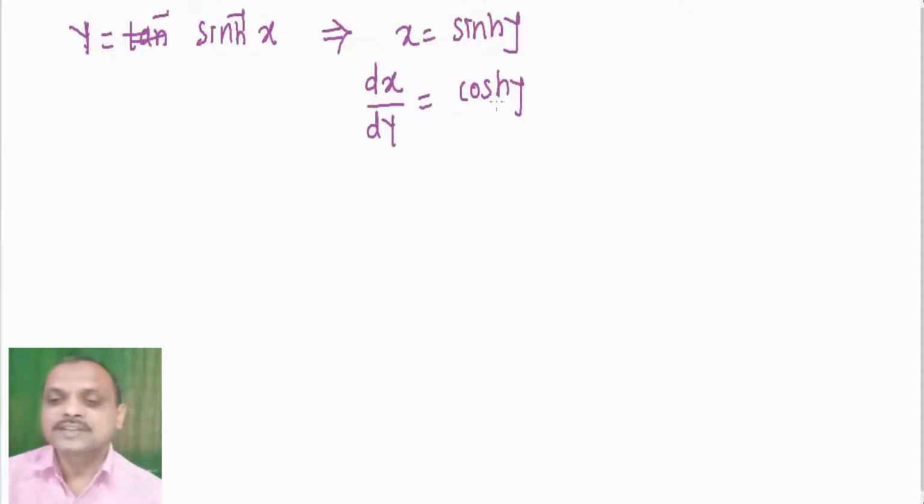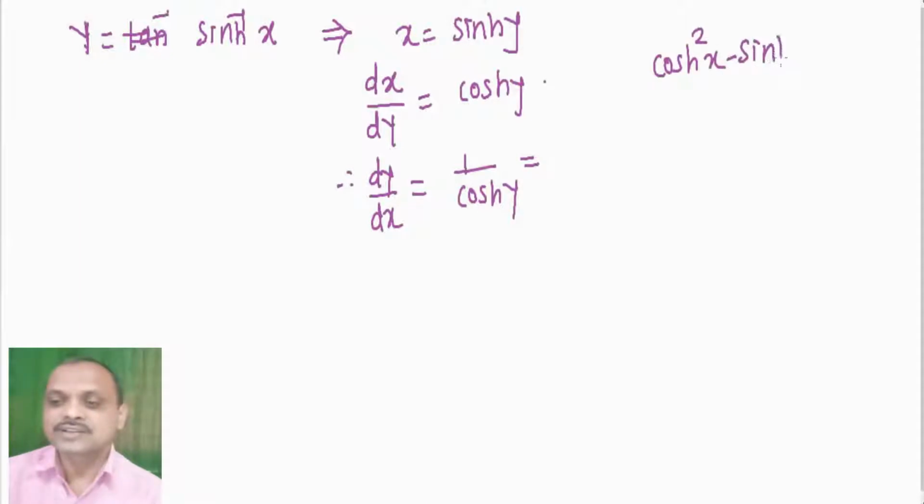Okay, so let us take the reciprocal of this. Therefore we get dy by dx equal to 1 divided by cosh y. Here we know the identity cosh square x minus sinh square x equal to 1, and therefore cosh square x equal to 1 plus sinh square x.